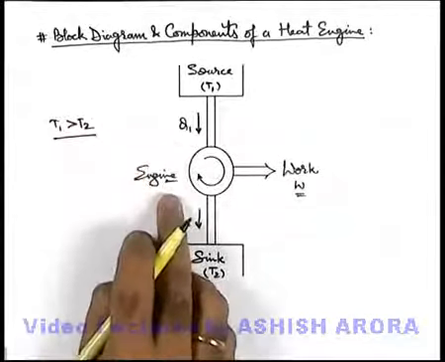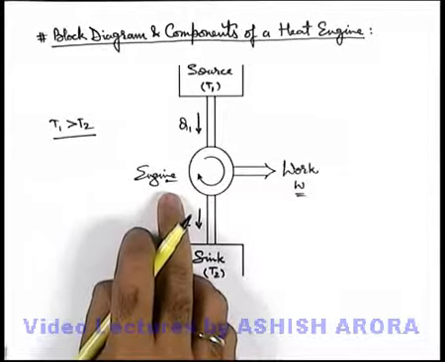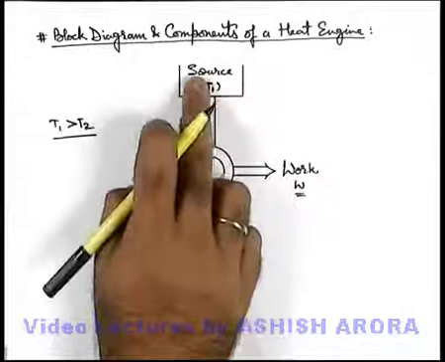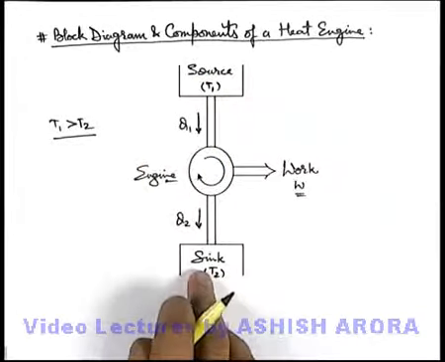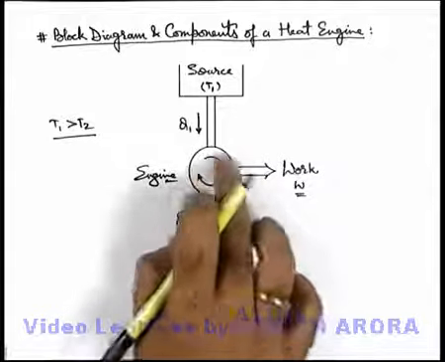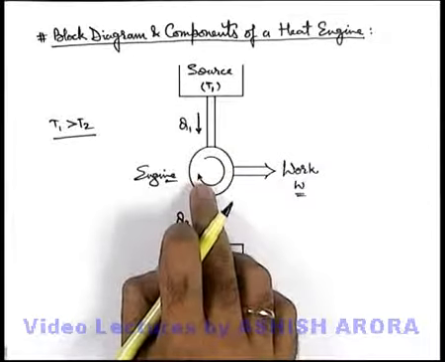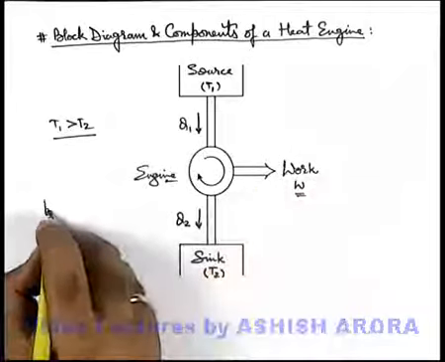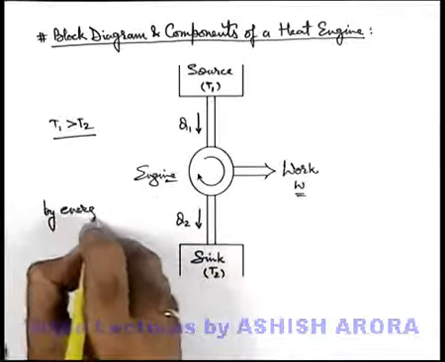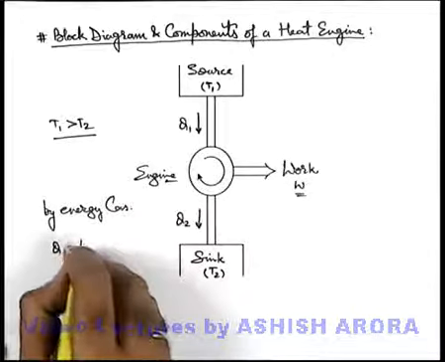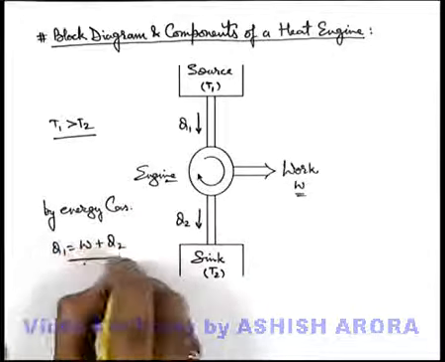In case of the working of a heat engine, it always takes heat from a high temperature zone and rejects heat to a lower temperature zone, and in between, by the working substance, when it undergoes a cyclic process, some work is done. And obviously, as we already discussed, by energy conservation, we can write Q1 is equal to W plus Q2.